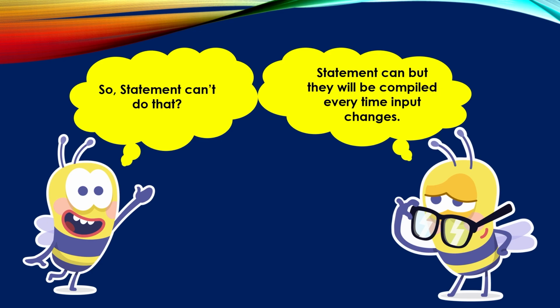Let's say initially you say select star from the owner table where ID equals 1. This query will be compiled first and then executed. Now you say ID equals 2. Again the whole query will be compiled and again executed. So basically there are two steps for every change in input: first it will be compiled and then executed.